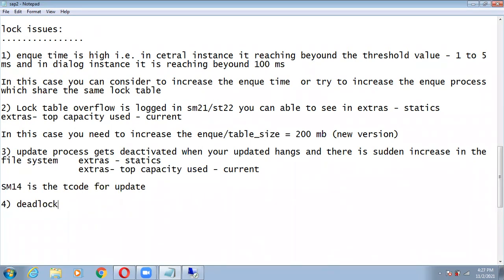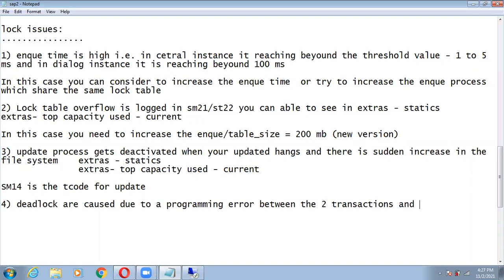Deadlocks are caused due to a programming error between two transactions and the logical unit of work.